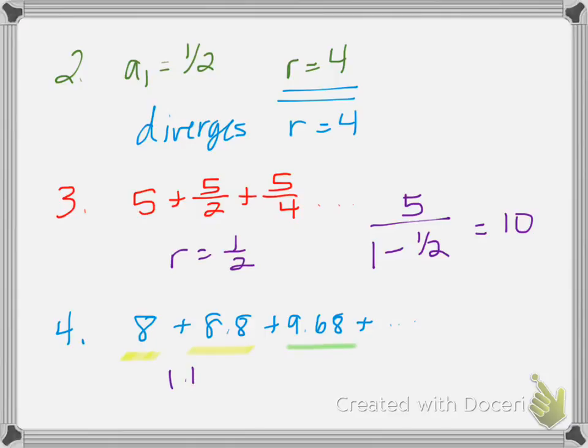And now if I do the same thing with the next two, I got to get the same number. 9.68 divided by 8.8 is 1.1. So that means that R here is 1.1, which means this particular series diverges since R is 1.1, and I can't find that sum. Even though I could put it in the formula and get a number, I'm really not able to get what that sum would be.